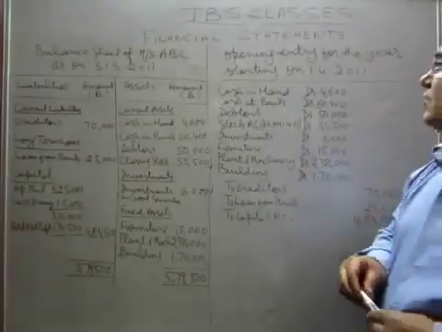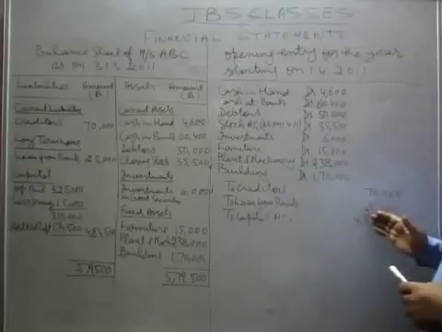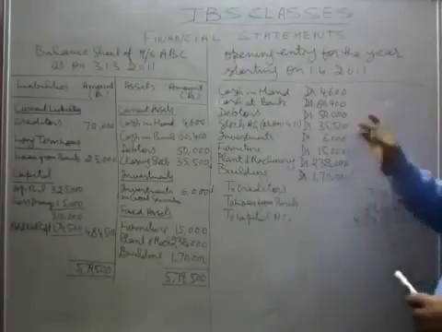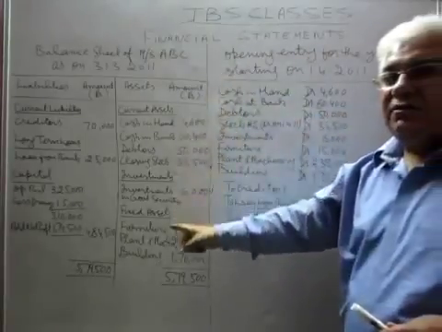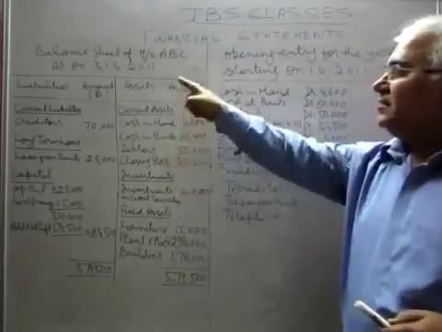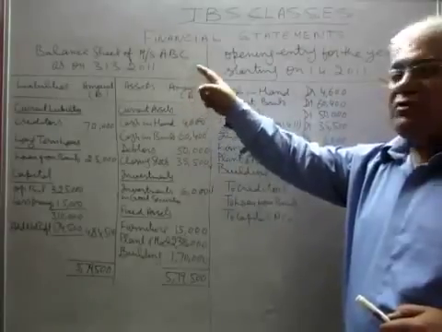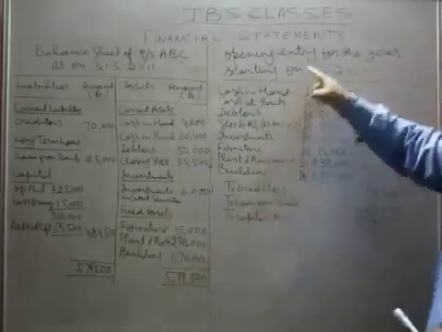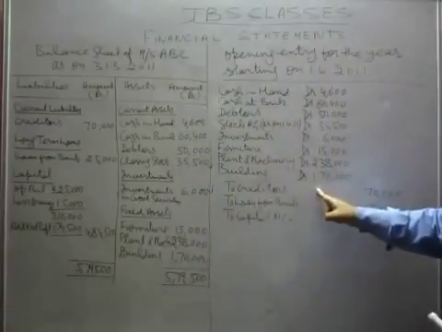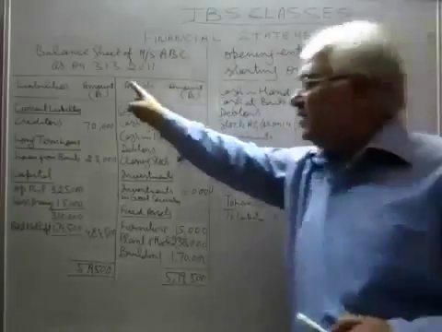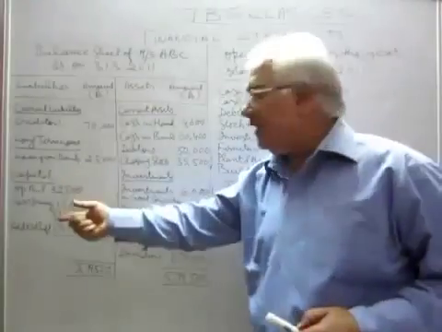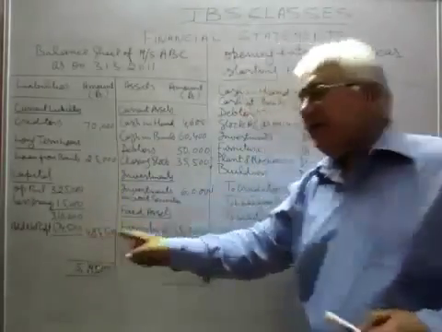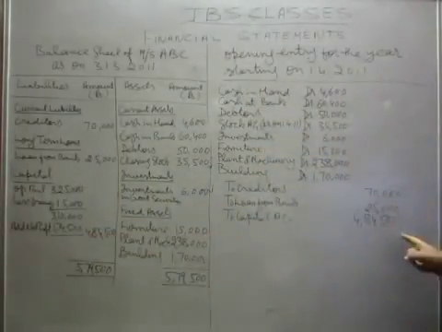Now this is the opening entry for the year 1/4/2011. If you look at it, all the assets in the balance sheet of the previous year, that is the balance sheet as on 31/3/2011, have been debited. And all the accounts on the liability side of the previous year's balance sheet, like creditors, loan from bank and capital, have been credited.